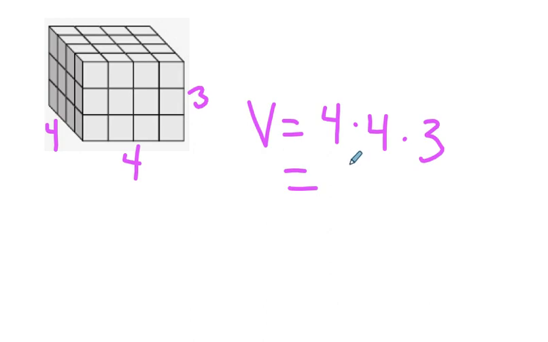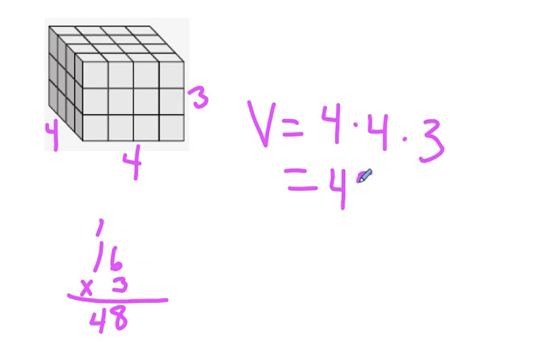So 4 times 4 is 16. And some of you, if you can't do it in your head, can go off to the side away from your problem, so it's not mixed in, and multiply vertically. So the answer is 48 cubic units. It takes 48 cubes to make that entire rectangular prism.